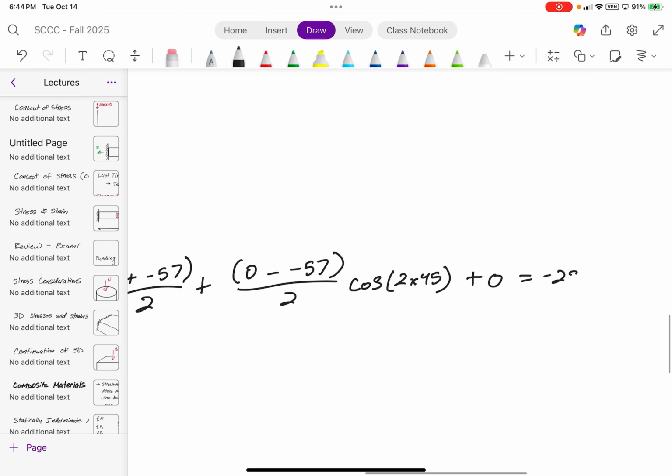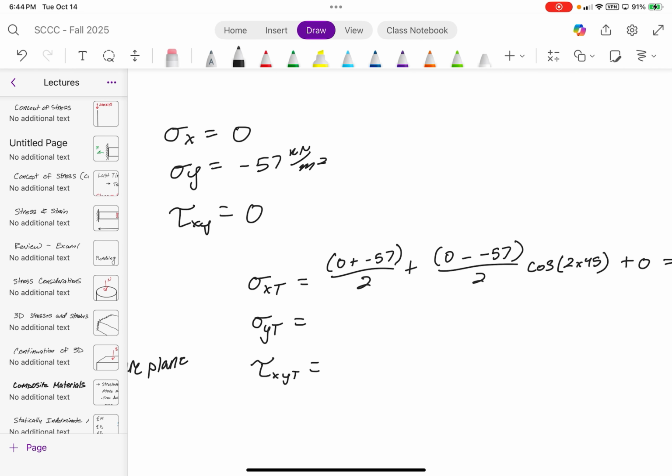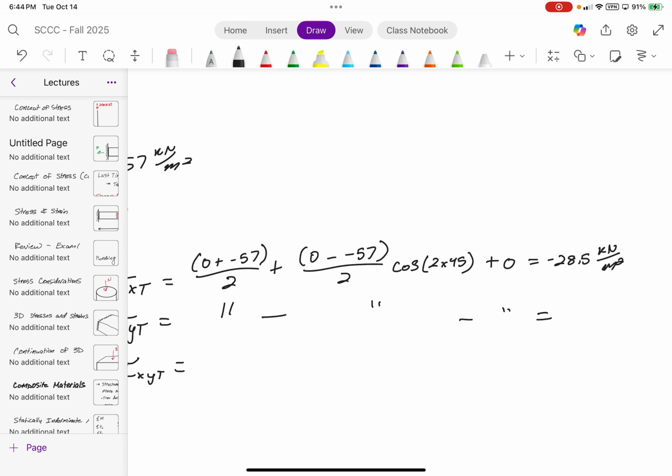And this should have given you negative 28.5 kilonewtons per square meter. And then sigma y prime is just going to be the same thing, but instead of a plus, it's going to be minus, which is going to give you, again, the same thing, negative 28.5 kilonewtons per square meter.